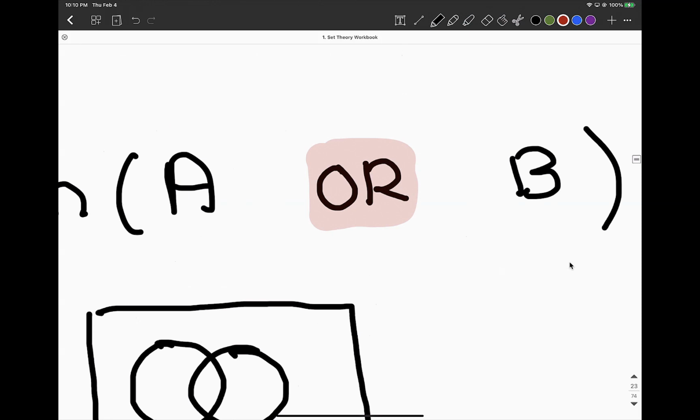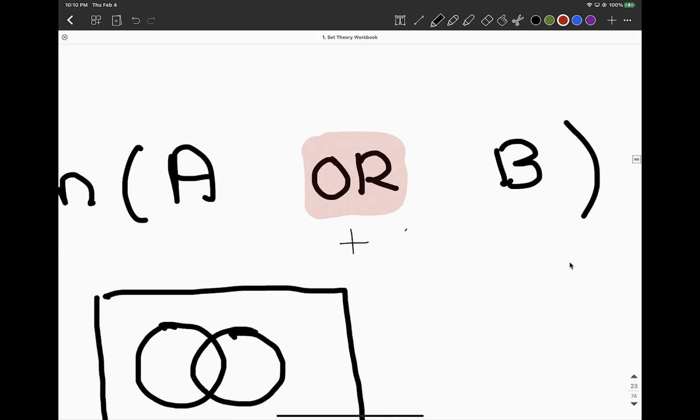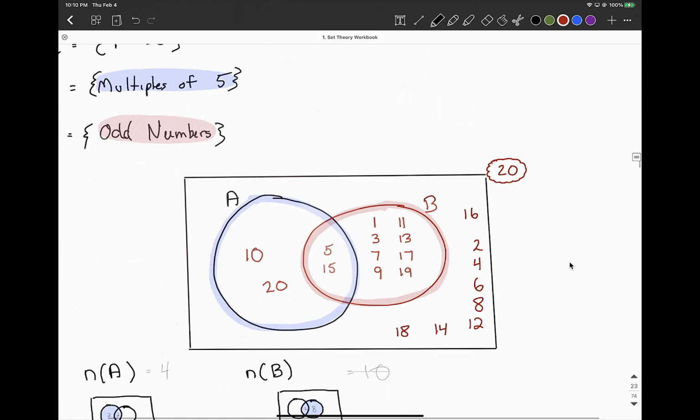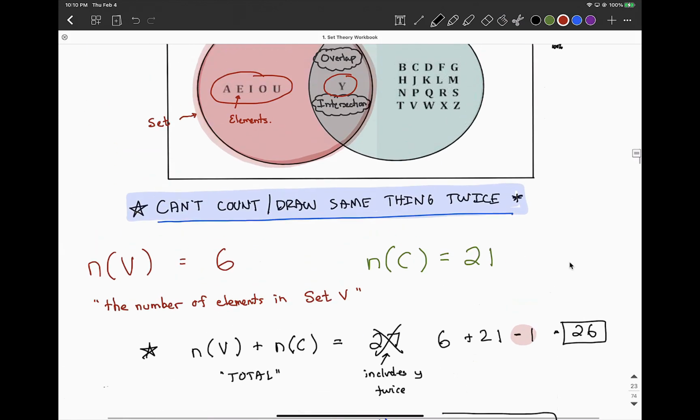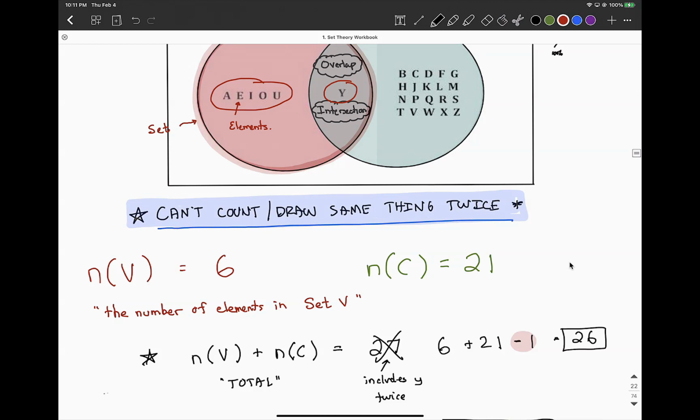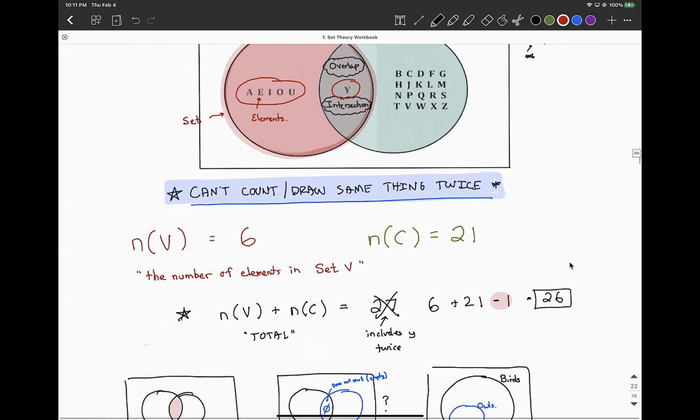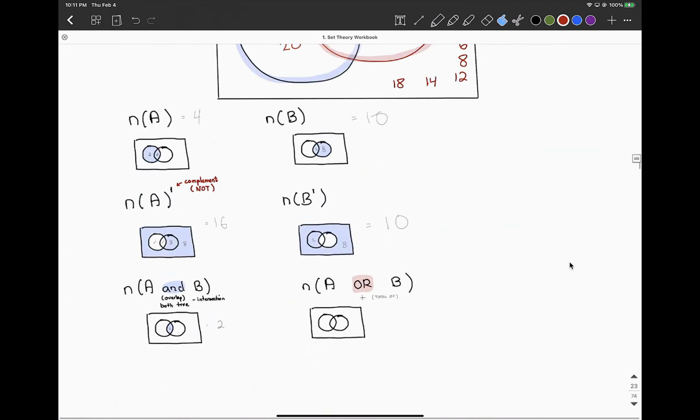This is the same thing as the plus symbol. This is the same thing as asking you to take the total of, especially if you don't add the same thing twice. We talked about this. Don't forget, you cannot count the stuff twice, but you still have to take the total.